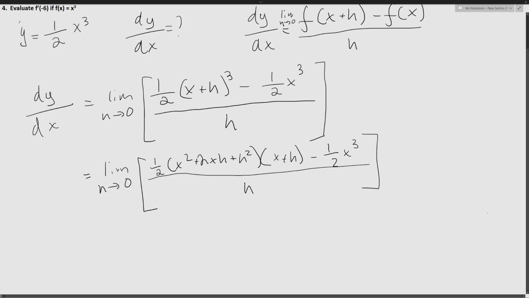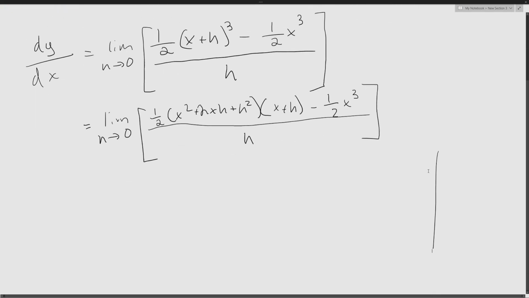Now let's continue downwards. We still have our limit, and that is as h approaches 0 of 1 over 2 times x to the power of 3, right? Then we have plus 2x squared h plus h squared x. I'm going this way, by the way. I'm going from first term to first, second term to first, third term to first.